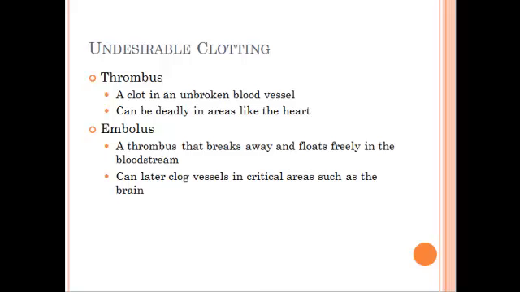But places, for example, if you have pooled blood, so let's say you're not very active or you're bedridden, your blood can start to pool. If the blood is not actively circulating, that can become a problem and lead to this unwanted clotting. That's also, for example, when you ride on airplanes, they say you need to get up and walk around, get the circulation going, especially in your legs, because you can get blood pooling in your legs.